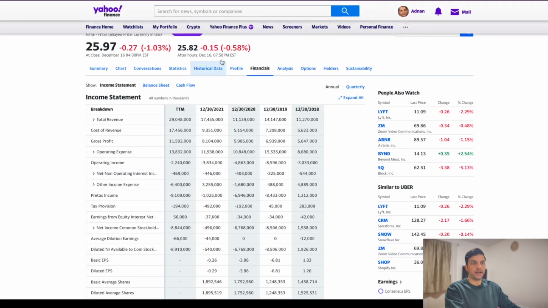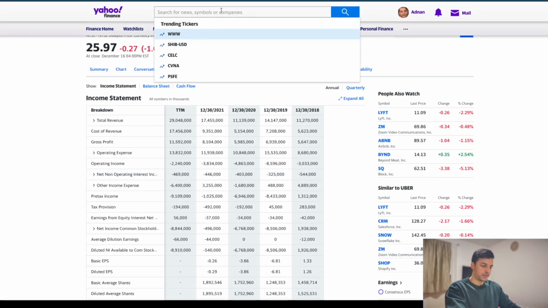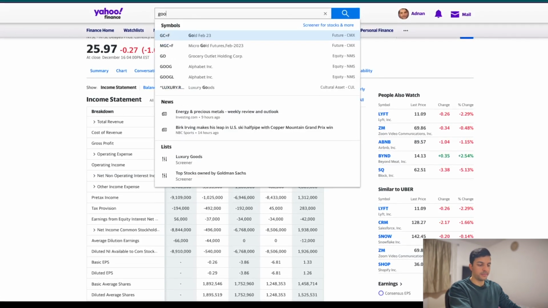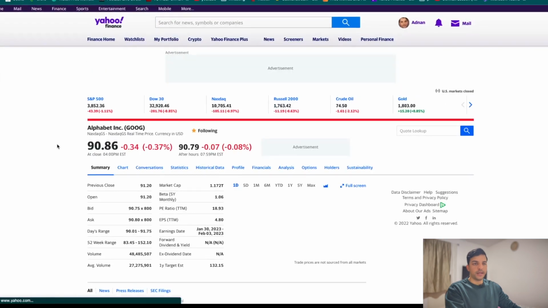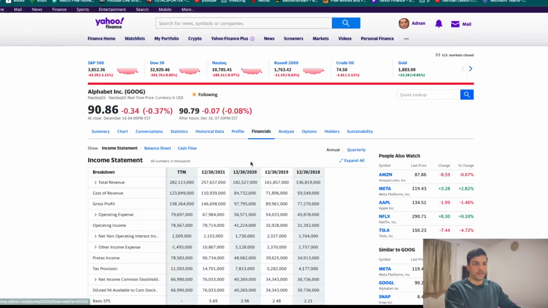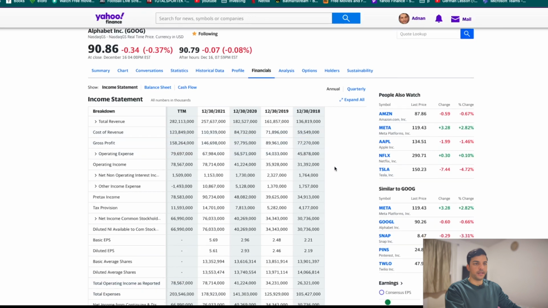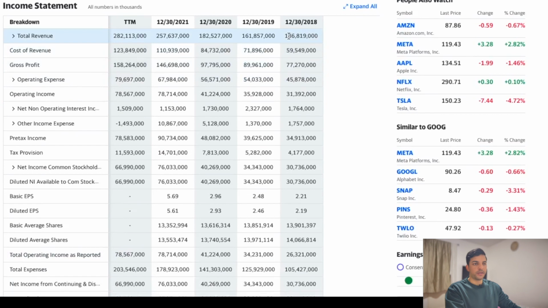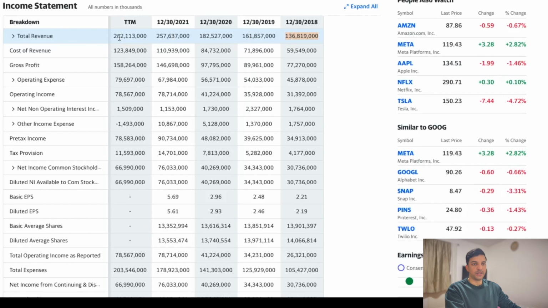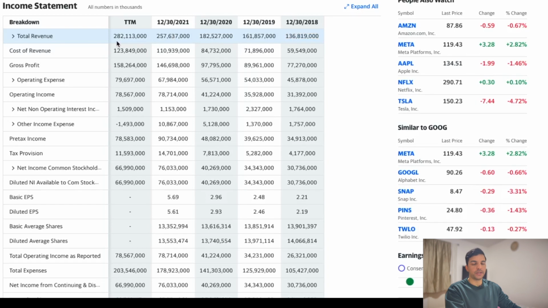On the other side, let me show you one of the best company income statements, and that is Google. If you go into the financial, you would see these numbers just look too good. In 2018, they have $136 billion of revenue, and as you can see, in trailing 12 months this amount has more than doubled.